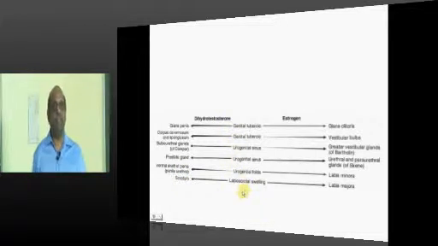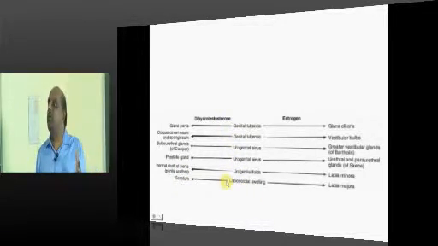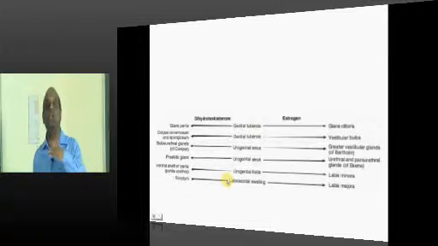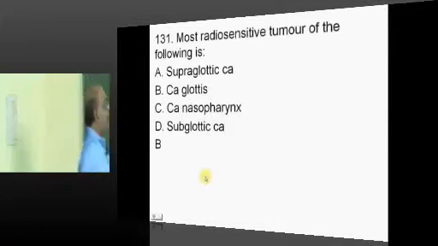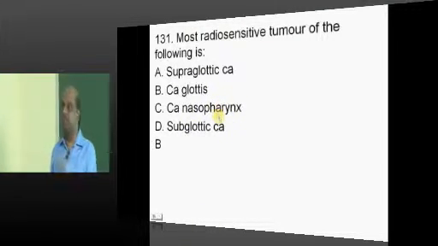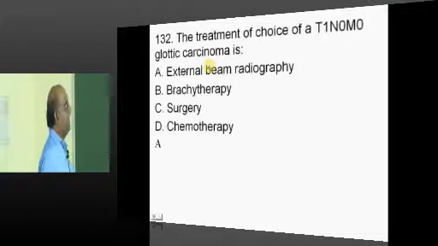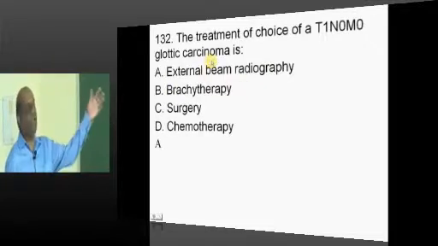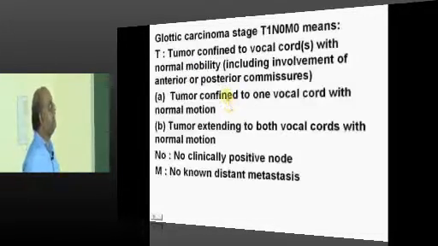These fine things we feel we know, but the examiner will put a Solomon's knife and check in the exam hall whether we know or not. Out of all, it is glottic cancer that is very sensitive to radiotherapy. T1 N0 M0, I think it is the same repeat, X-ray beam radiotherapy.